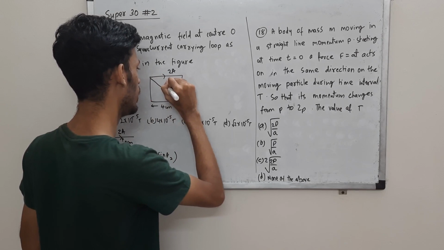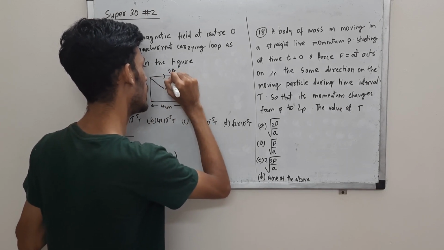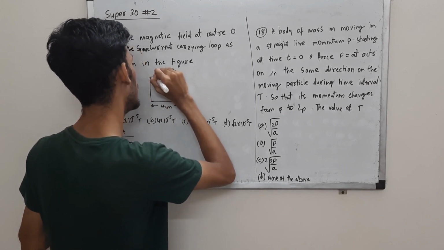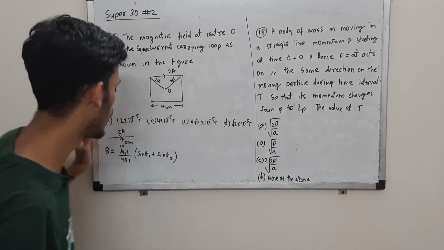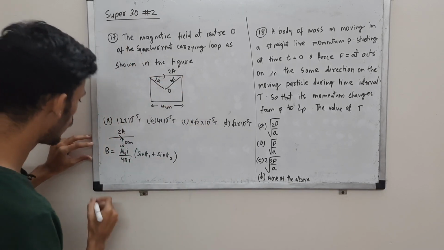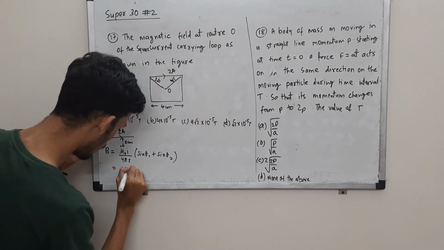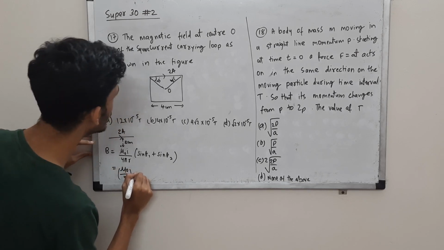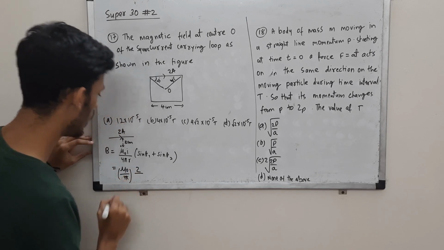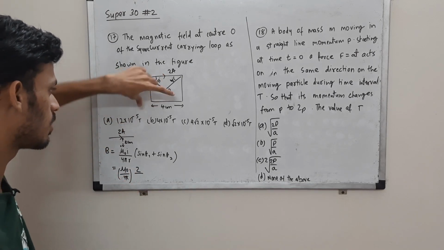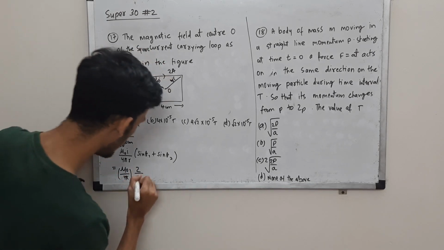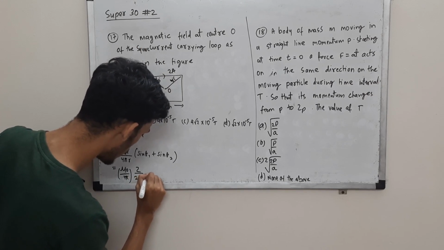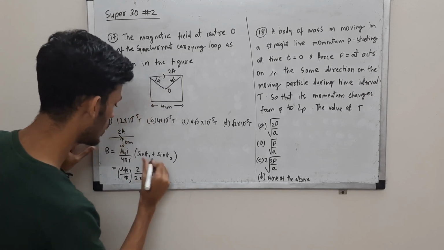So finitely long, I said. This angle is 45 degrees and this is also 45 degrees because it is a square loop, so theta 1 and theta 2 are 45 each. Mu 0 upon 4 pi we'll keep separate because that is 10 to the power minus 7. I is 2 amperes. The radius r is this distance, not the length. r is 2 centimeters, 2 into 10 to the power minus 2 in meters. And this is (sine 45 plus sine 45), each 1 by root 2.